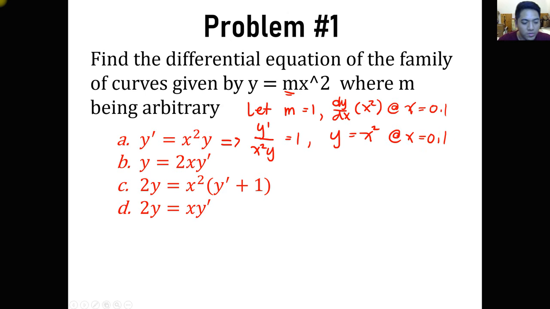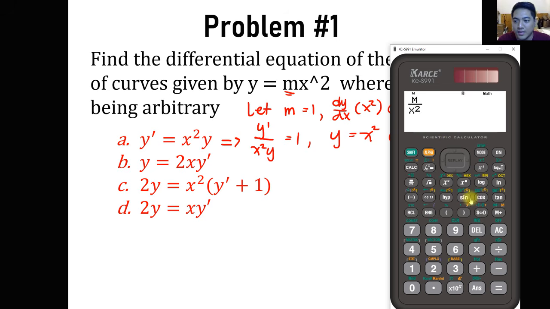So what we are going to do is calc x squared by inputting a value of x, which is still 0.1, and this value I will store with shift store to y.